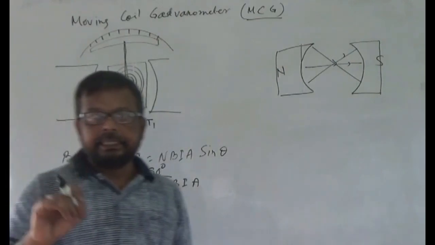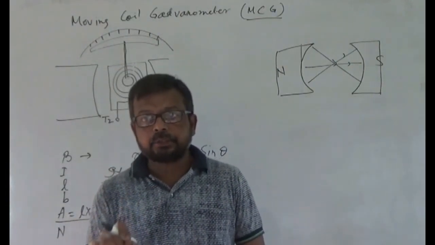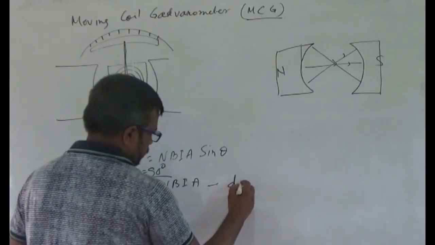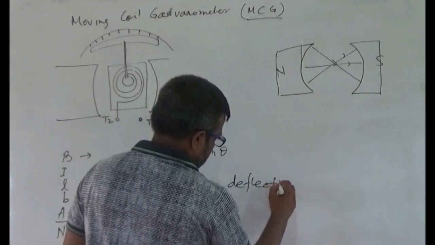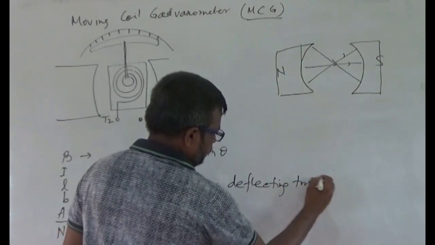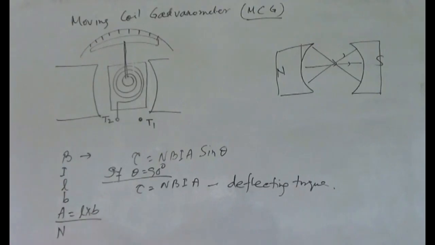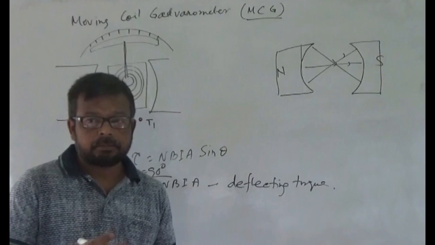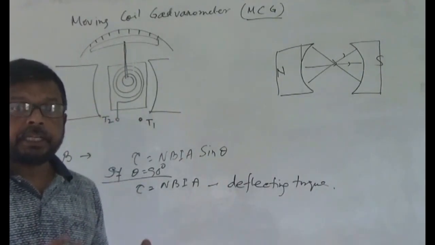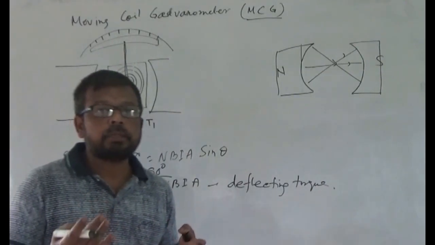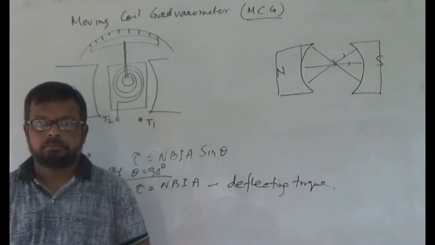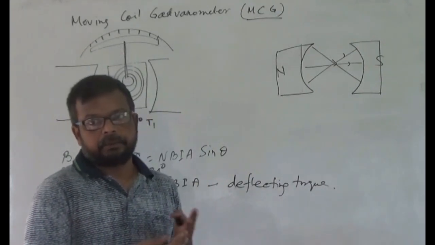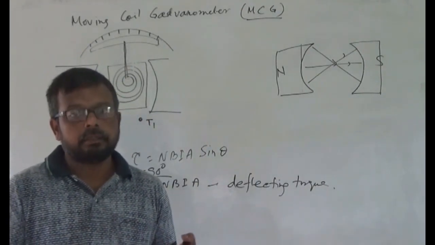Now this amount of torque tries to deflect the coil and is known as the deflecting torque. As the coil gets deflected, the spring is twisted, and a restoring torque is developed in the spring due to its elasticity.